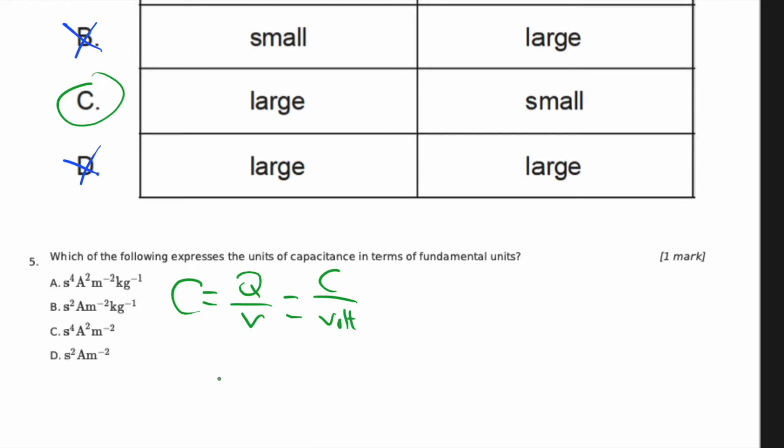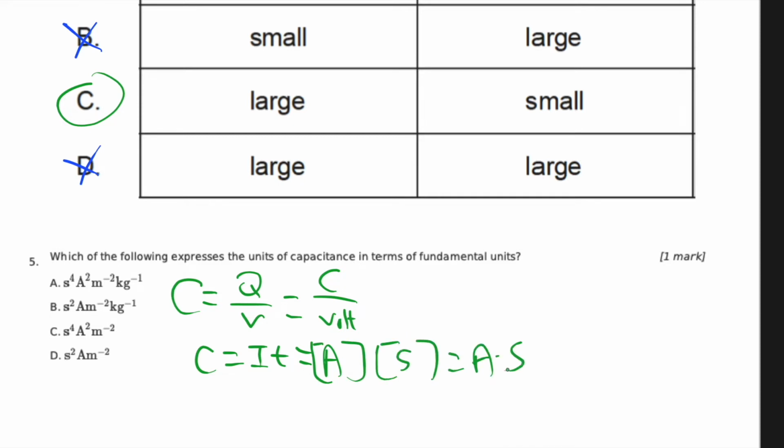So charge is equal to current times time. You need to do this because charge has an SI unit of coulomb, but its base unit is not coulomb. So current has an SI unit of ampere, time has an SI unit of second, so it's equal to ampere times second, right?